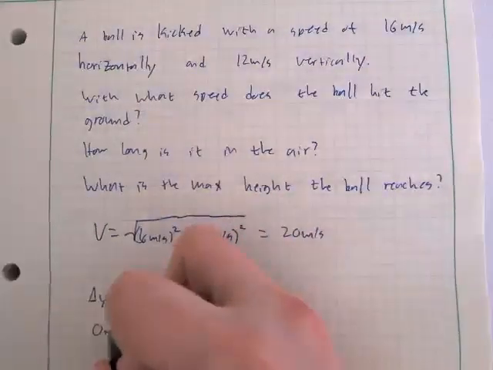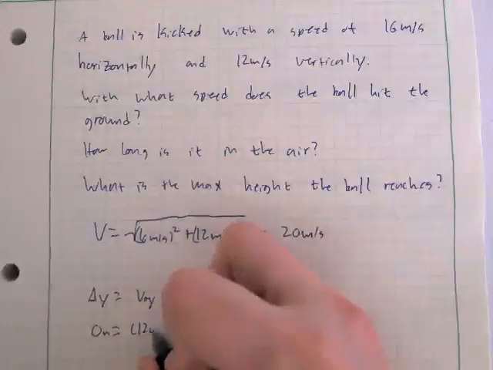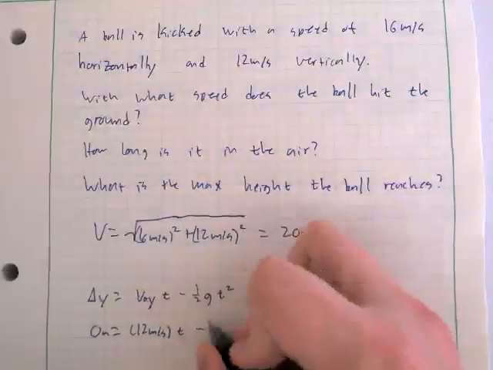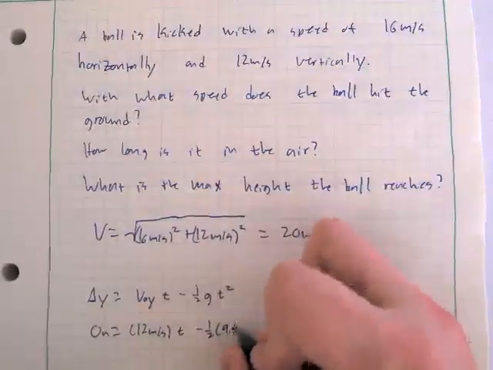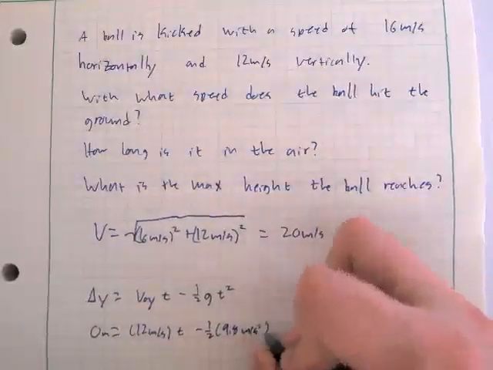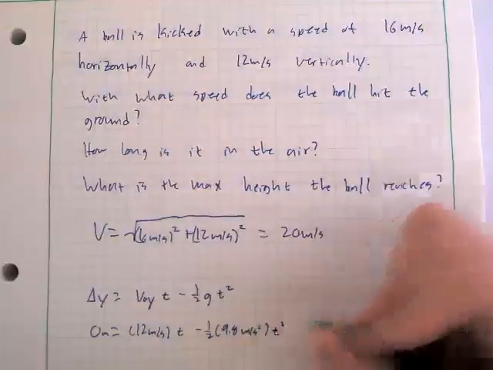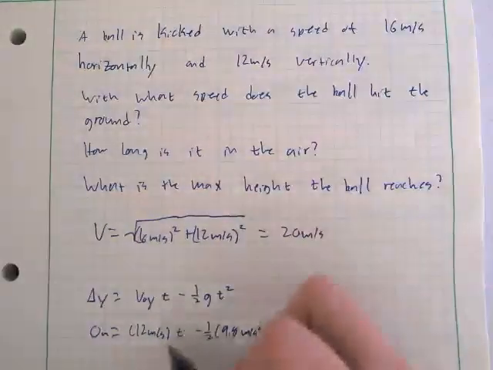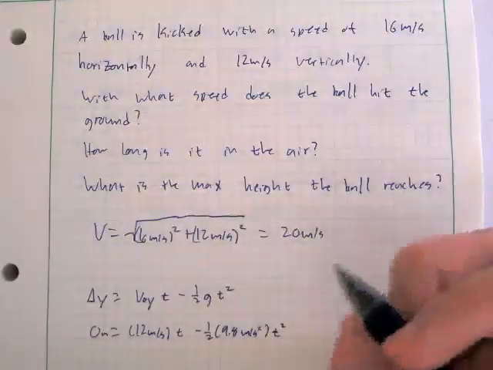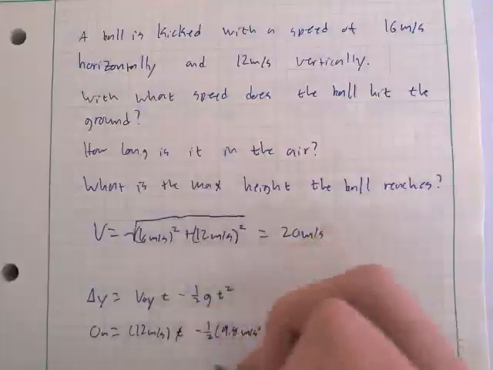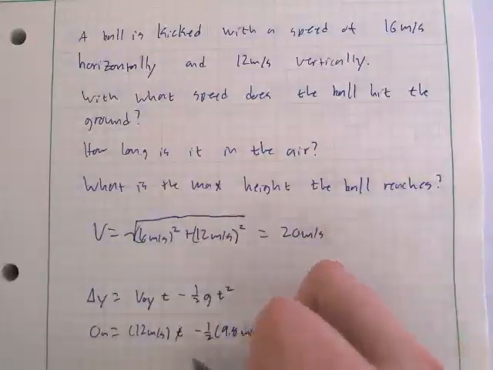So we have 0 meters equals 12 meters per second times t minus 1/2 times 9.8 meters per second squared times t squared. I can actually cancel out a factor of t in this case, and what I get is this equation here.